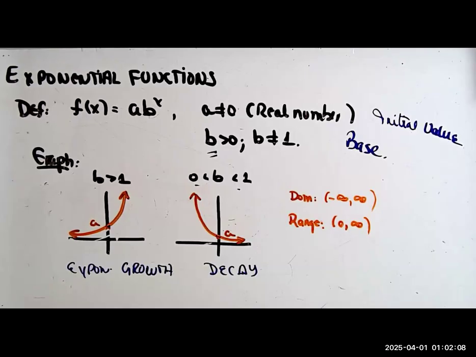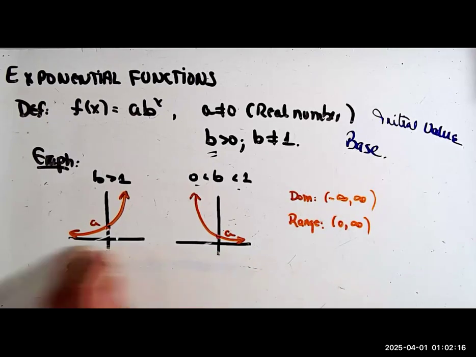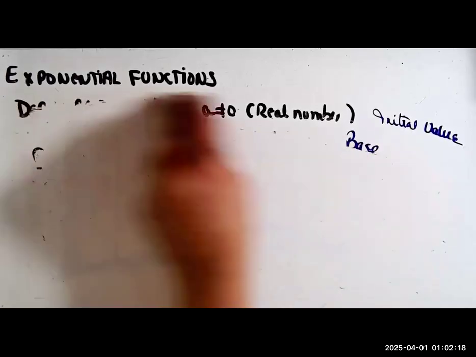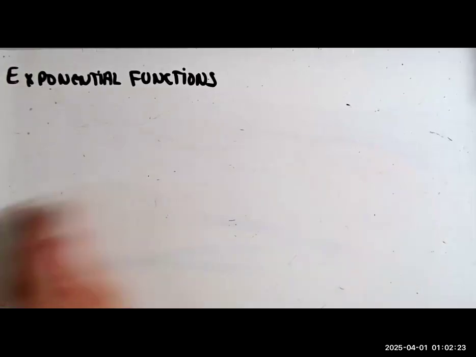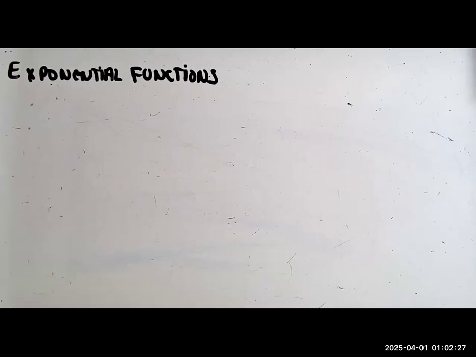So I told you that what is so unique about exponential models is that the percentage change is always the same. So let me just erase this and let's talk about that a little bit. We always contrast the exponential function with the linear function.